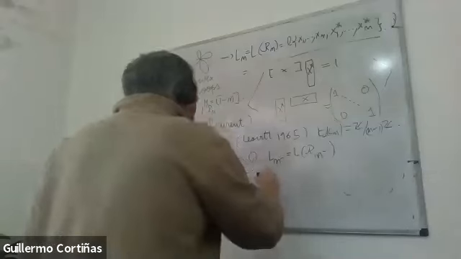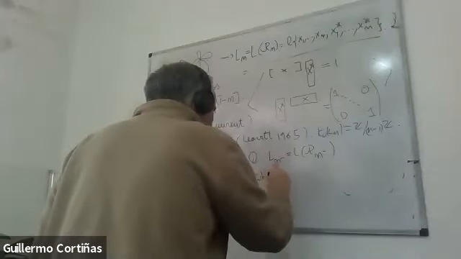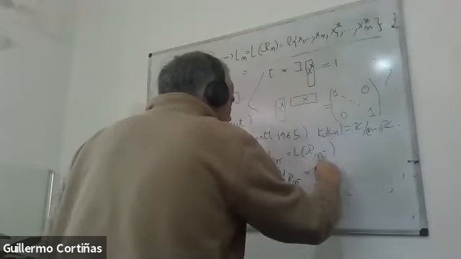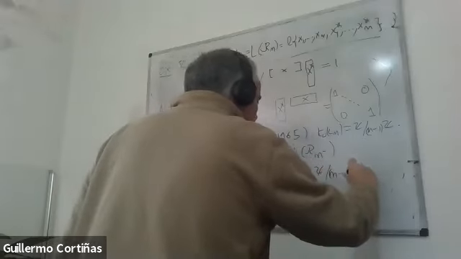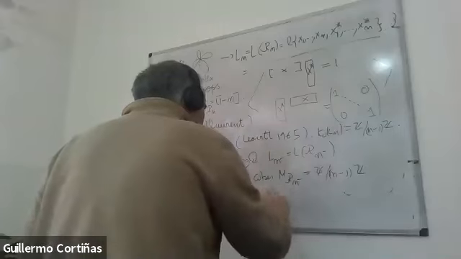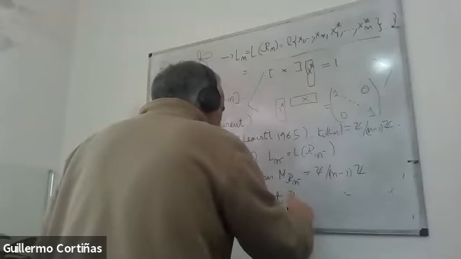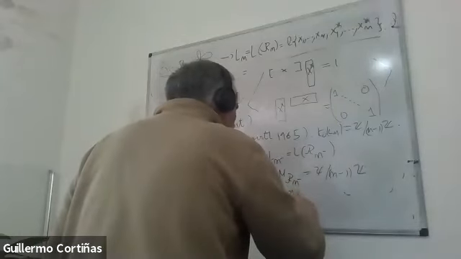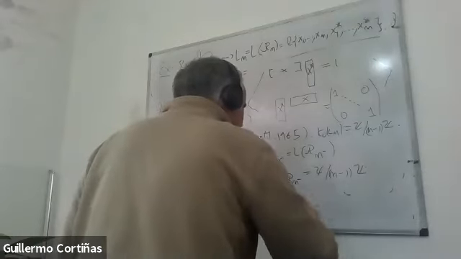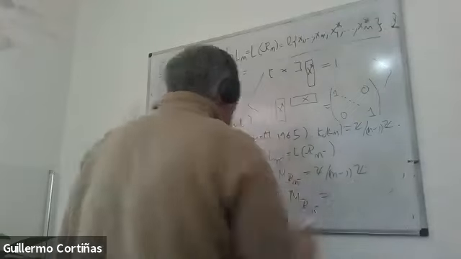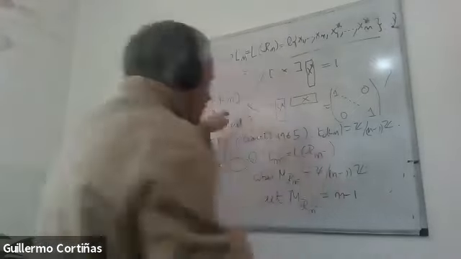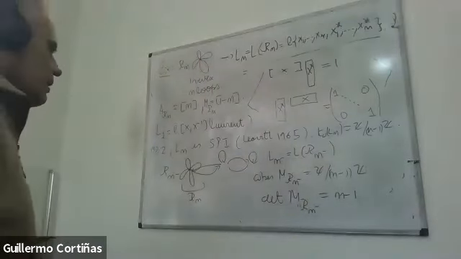And so now the co-kernel of this matrix is still Z mod (n minus 1)Z, but the determinant has changed. The determinant of the M matrix, before it was 1 minus n, and now it's n minus 1. Okay?